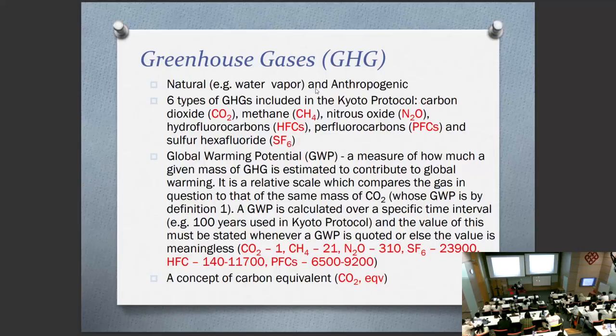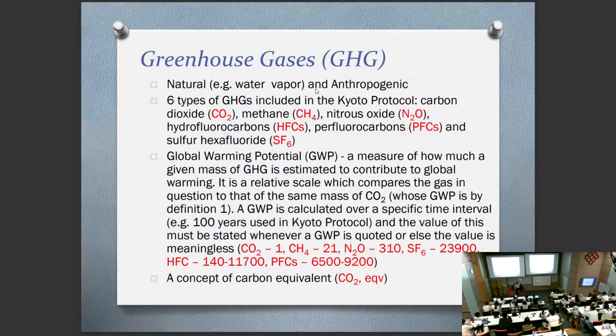Anthropogenic greenhouse gases include, like in the Kyoto Protocol, it lists out 6 types of greenhouse gases, which include carbon dioxide, methane, nitrous oxide, hydrofluorocarbons, perfluorocarbons. Okay, they are commonly found in the refrigerants and also in the hairspray, in the glue for the furnitures and so on. And the sulfur hexafluoride, which is commonly used for the transformer.